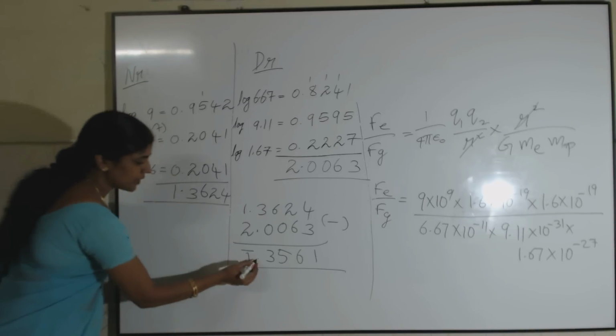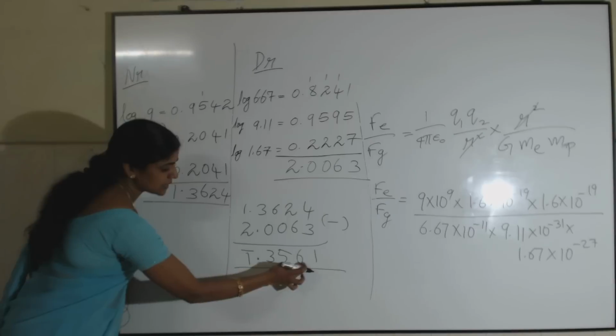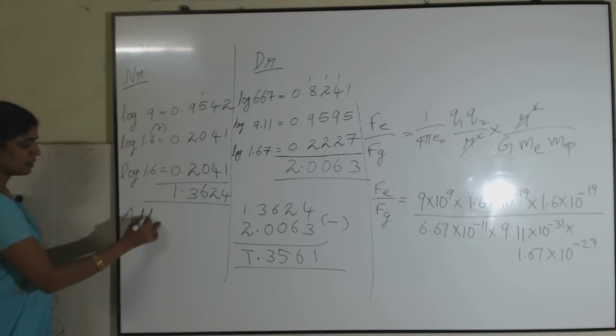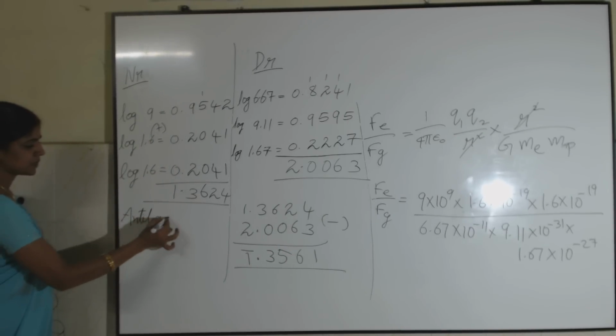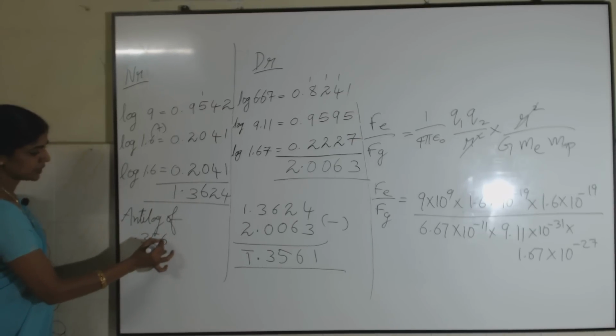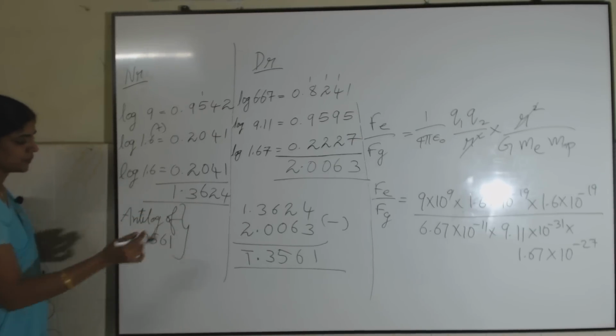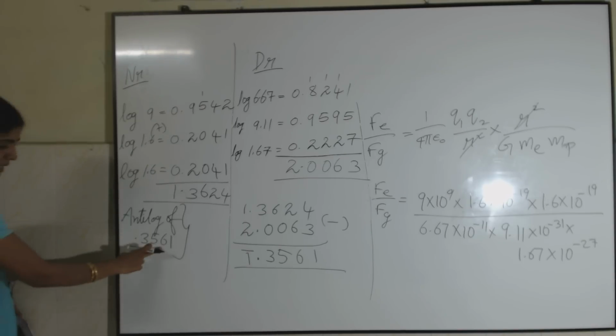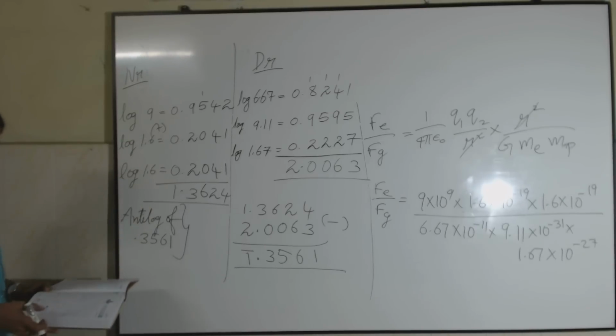So here for this 0.3561 you want to take the antilog. Antilog of 0.3561. Just see what you are getting in antilog. 0.356 mean difference 1.